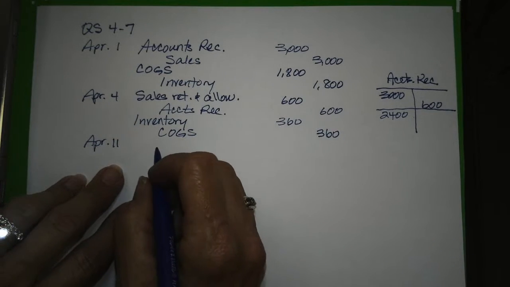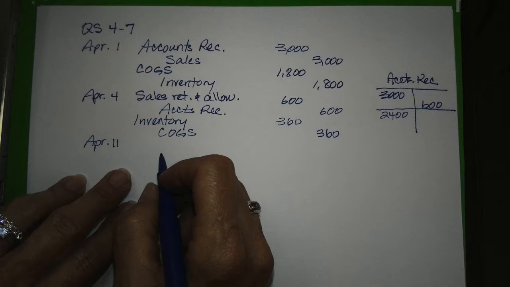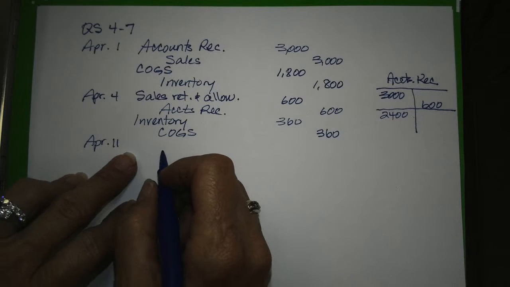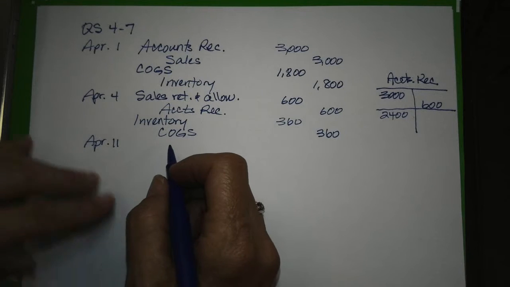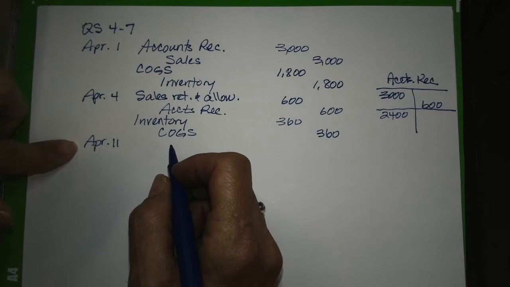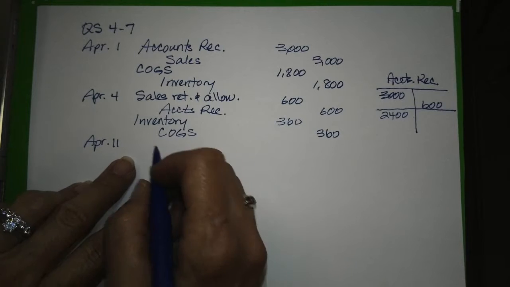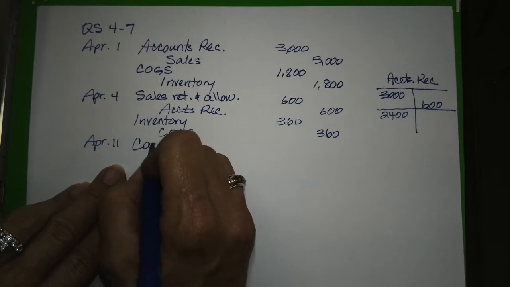Then on April 11th, we received payment for the amount due from the April 1st sale, less the return on April 4th. Okay, so guess what? They're going to pay us. Notice that we're just 10 days past April 1st, so that's the big hint that the customer is going to take the discount. So guess what?